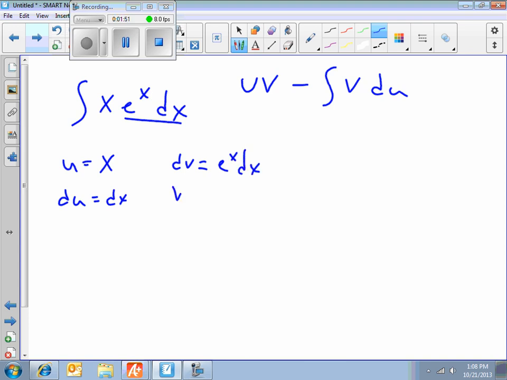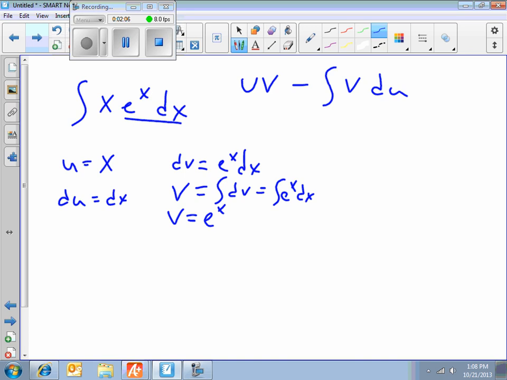And so you've got to take the derivative of one side and integrate the other. The integration of that dv is the same as the integration of e to the x dx, which is simply e to the x, and that is my v.